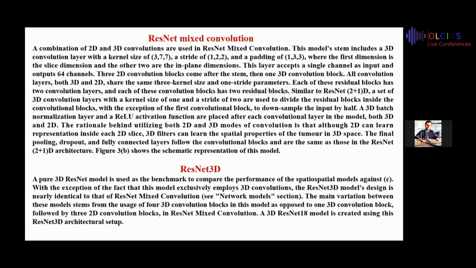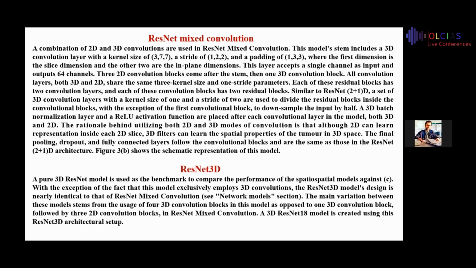So the final pooling, dropout, and fully connected layers follow the convolutional block and are the same as those in the ResNet 2+1D architecture. So ResNet 3D, a pure 3D ResNet model, is used as a benchmark to compare the performance of spatial models against the others, with the exception of the fact that this model exclusively employs 3D convolutions.